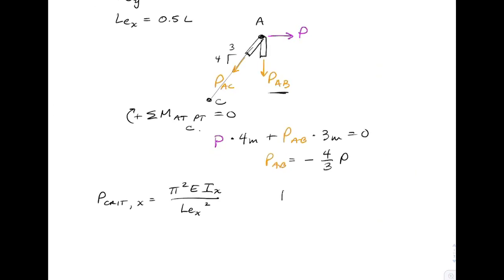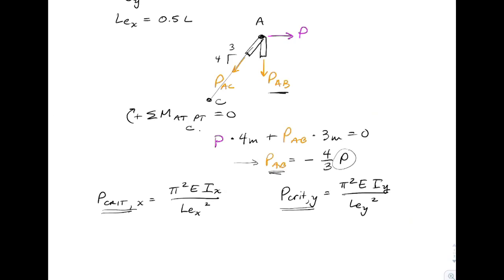The other one we'll have to check is P critical about the y-axis, which would just equal pi squared EIY divided by LEY squared. So we really have all the equations that we need here. What we're going to end up doing is comparing P critical about the y, P critical about the x. The smaller of those is going to be assigned for the internal force AB, and we'll be able to then solve for the external force P.